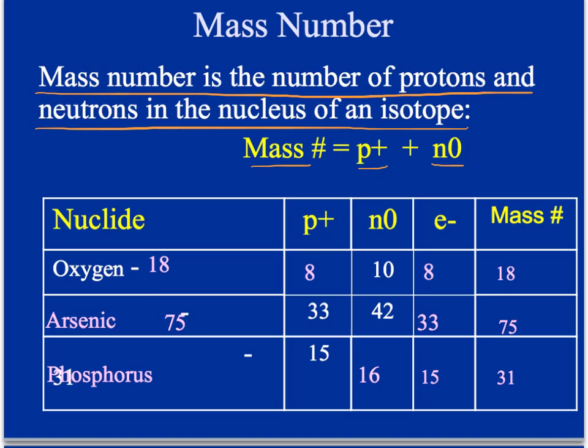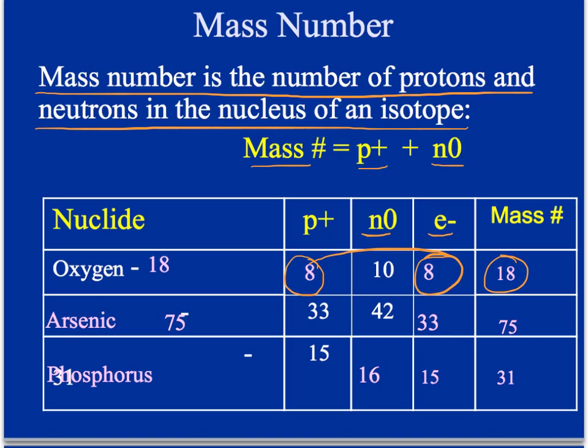So when we have different nuclei, when that's just talking about the nuclei of different elements, if we find the mass number is 18, we know that oxygen's atomic number is 8. We can therefore find the number of neutrons and electrons. Remember, on the last slide we said that the number of protons is equal to the number of electrons, so 8 and 8.